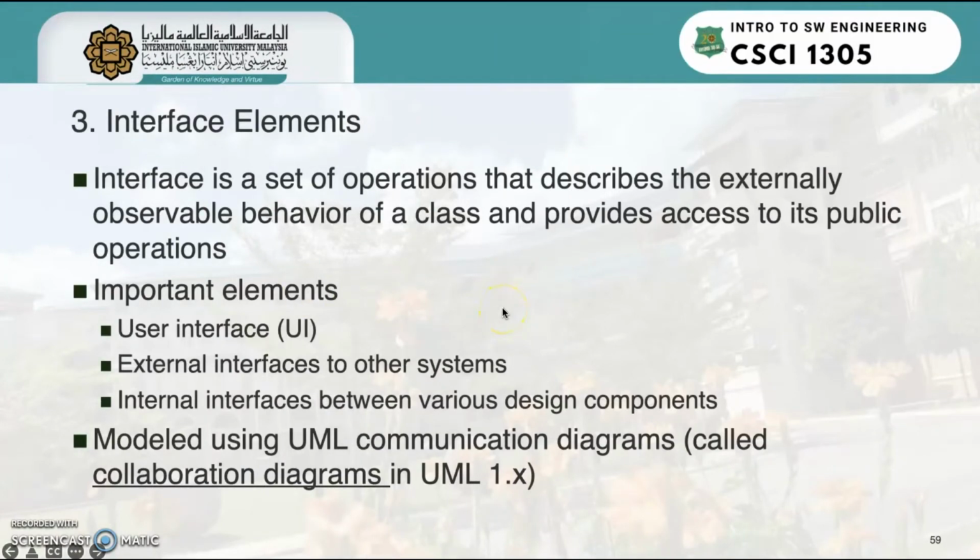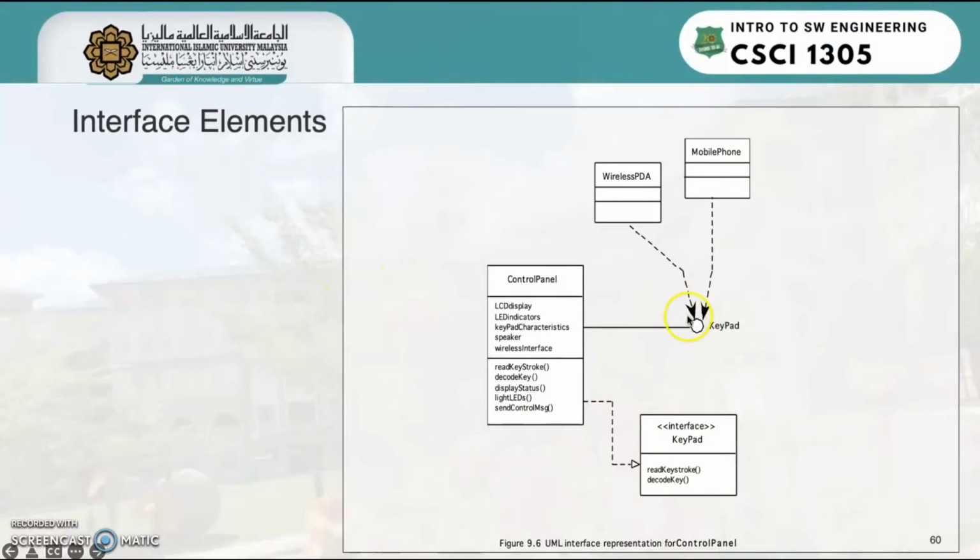Then we move on, instead of architecture, we move on to the interface element. So interface element is not only the interface design that you see when coming out with the user interface design, but it can also be interfacing to other gadgets or other interface sensors, inputs, okay, like keypads.